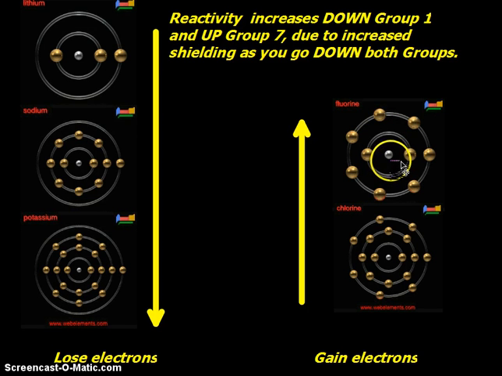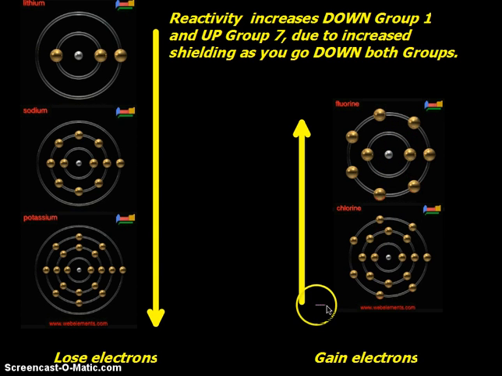And again, because they are smaller atoms, there's a much greater pull from the nucleus than the larger atoms on the left-hand side of the periodic table. Being smaller atoms means that they'll pull in those electrons. Now, fluorine being a smaller atom than chlorine and having the outside of the atom feel that nuclear pull much stronger, is going to be much more likely to take in electrons than chlorine is.